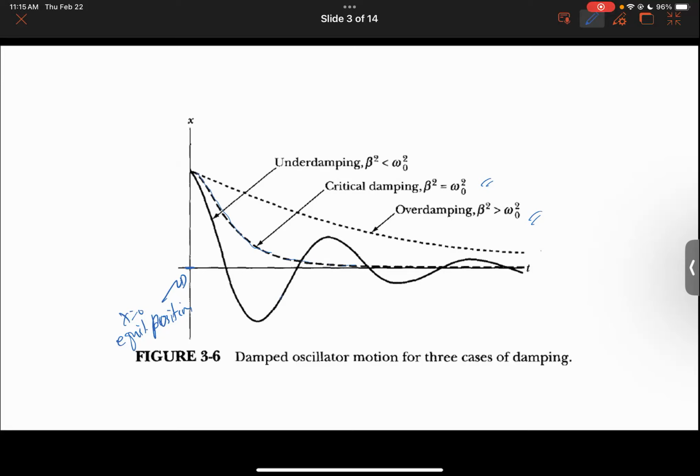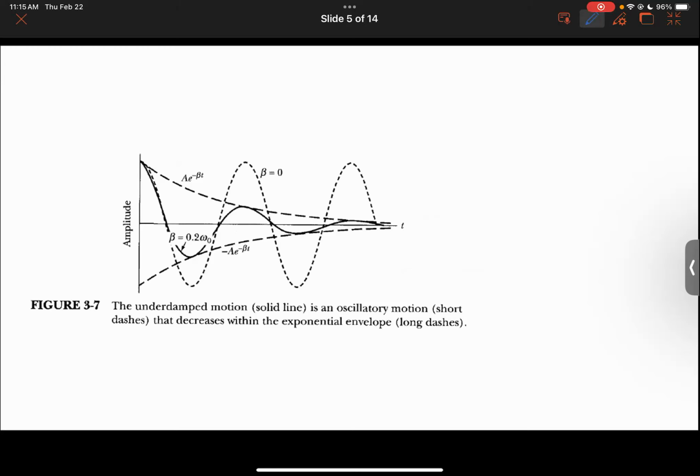And itong picture na to describes yung motion ng overdamped, underdamped, tsaka critically damped na particles. So if we compare yung underdamping with yung no damping, ito yung graph na magpapakita nun.